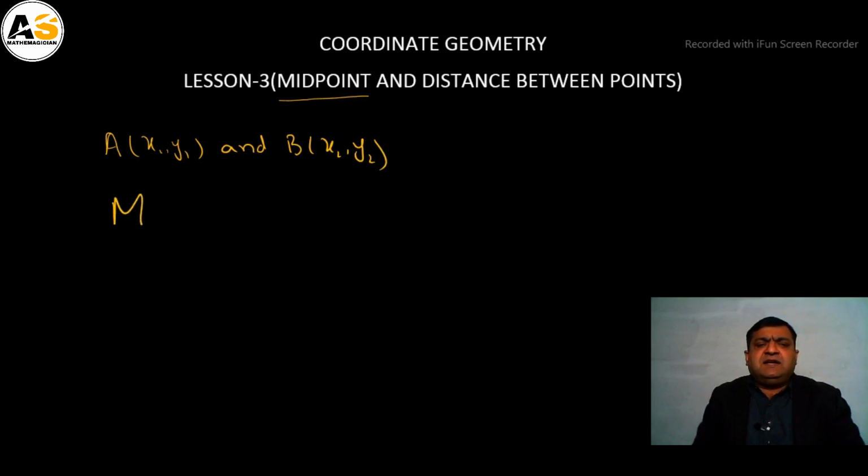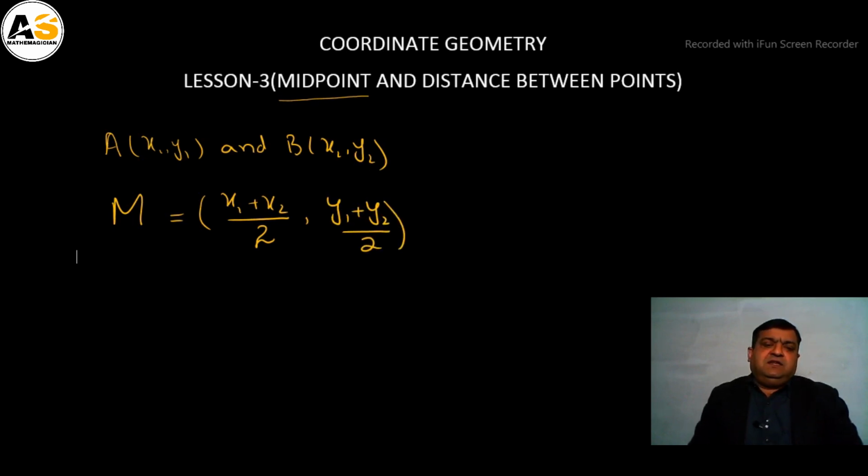The formula for finding their midpoint M is ((x1 plus x2) over 2, (y1 plus y2) over 2). That is, we need to sum the x coordinates of both the given points and then divide the sum by 2. Similarly, we find the sum of the y coordinates of the two given points and divide it by 2. This is how we find the midpoint of 2 points in a plane.